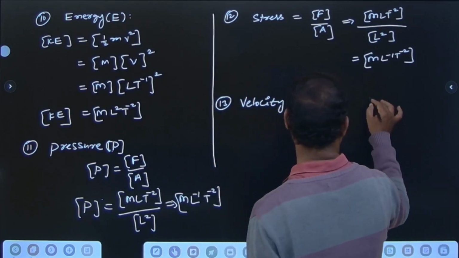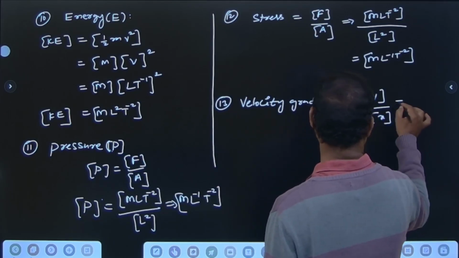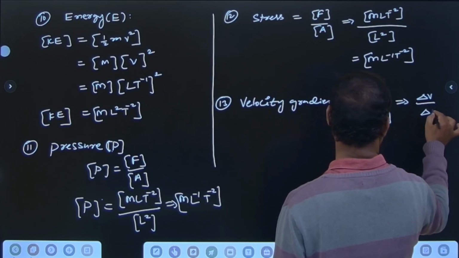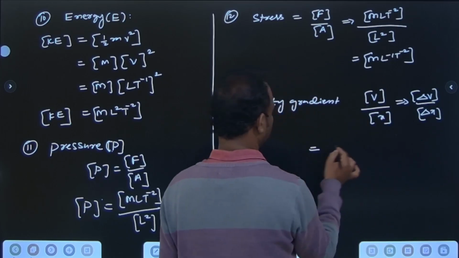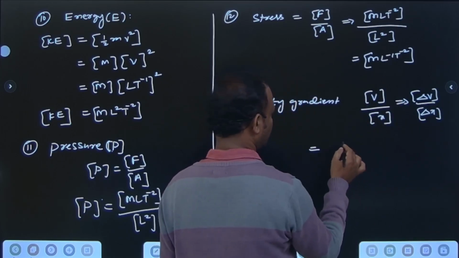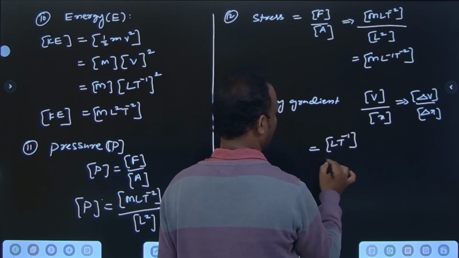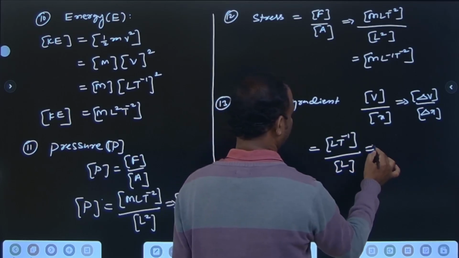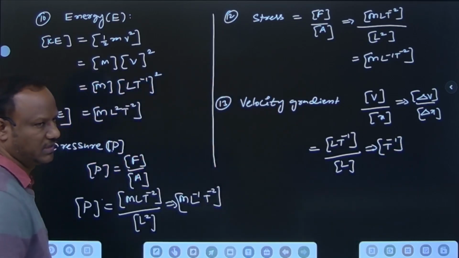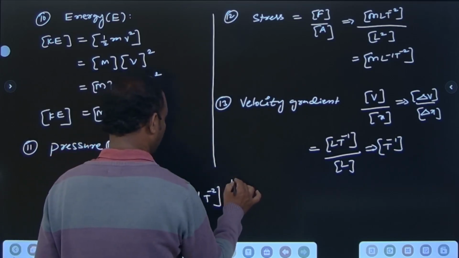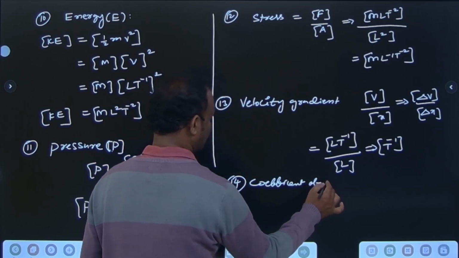So velocity gradient means velocity by distance, or we can also write delta V by delta X. Delta V means velocity, so I can write L T power minus 1, and delta X is L, which would become T power minus 1. This is the velocity gradient.